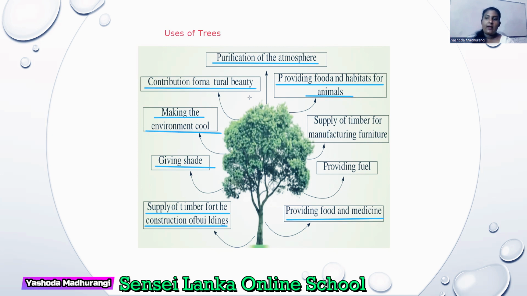And also there are beautiful flowers. So they make the environment beautiful. So my dear children, these are some of the uses of trees. So in this part, you learn the uses of trees. We are going to learn some more about the trees now. Remember these uses.